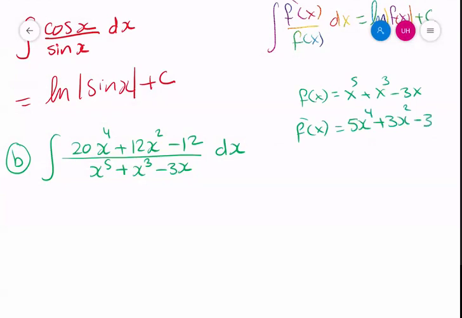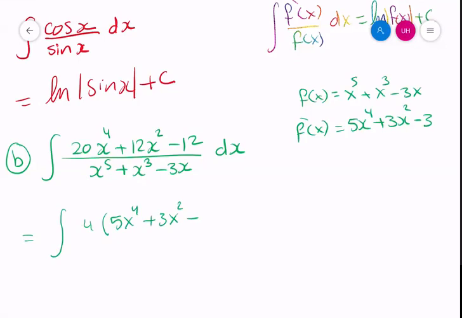Do we have this at the numerator at the top? Similar, yeah. If we take something common from the numerator, we can take 4 as a common factor. So we can write this as 4 times 5x to the power 4 plus 3x squared minus 3.